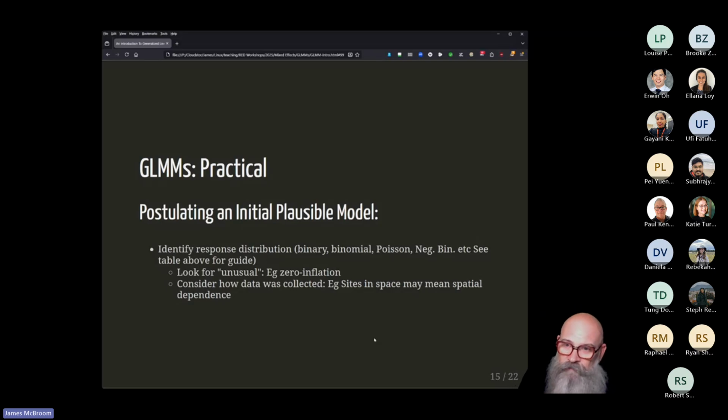If you've collected your data across sites through space, say in an environmental situation, a river or catchment or whatever, and you're looking for the number of koala scats in Toohey Forest or something like that, in transects or whatever, and those sites are geographically linked, then you might need to consider spatial dependency in your data, for example.